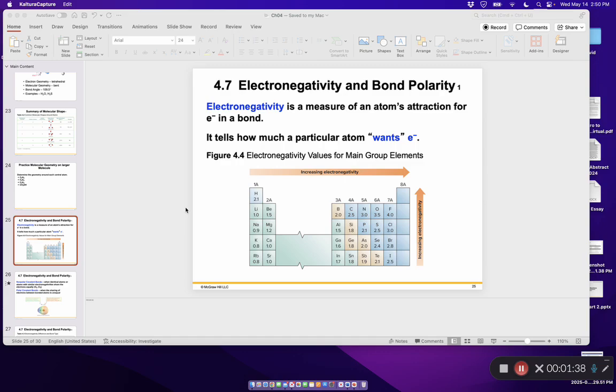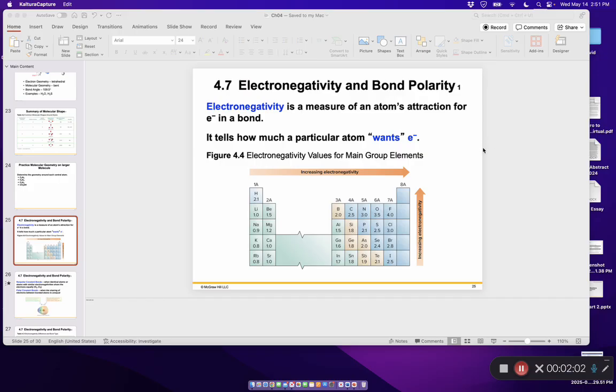Okay, so let me define the electronegativity nature. Electronegativity is the measure of an atom's attraction towards the electrons used in the covalent bond. So two elements share their electrons, make a compound, and they have a bond between them.